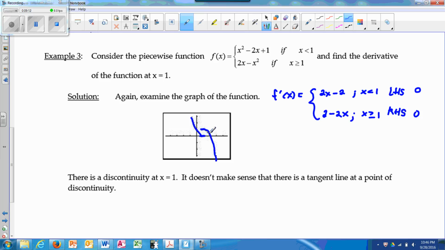So even though we have the same slope on each side, we do not have a differentiable function. We have to remember that differentiability is not guaranteed. So it's not possible without continuity.